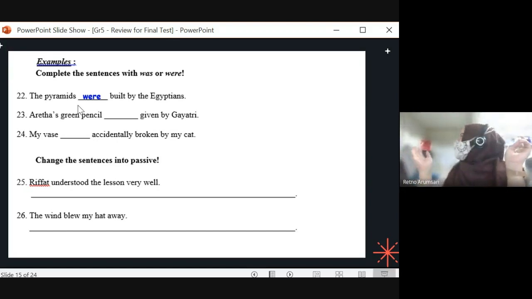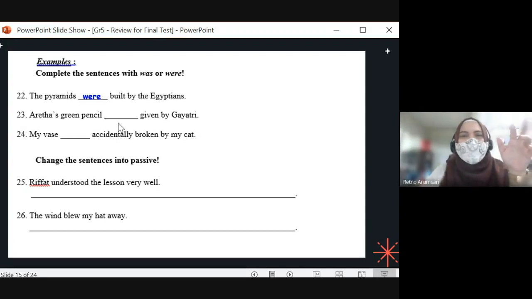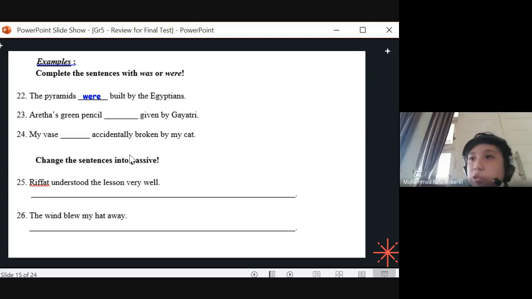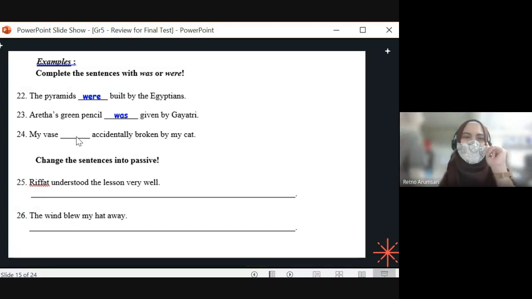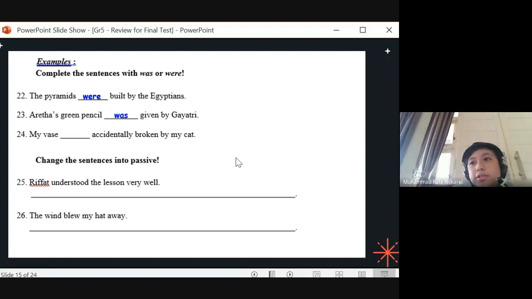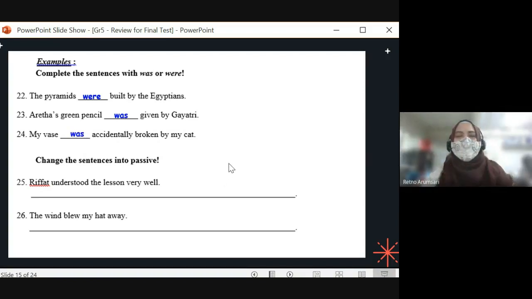There is Miss Tina here. Okay, Aretha's green pencil. Is it was or were? Was. Yes, there was only one pencil. Well done. What about my face? Was. Only one. Well done, 5D.